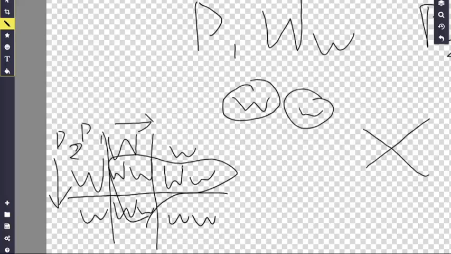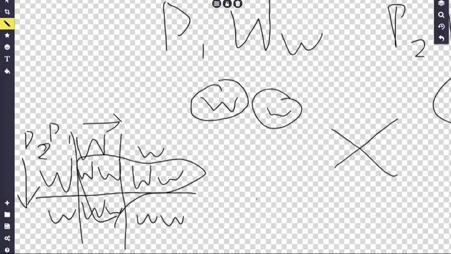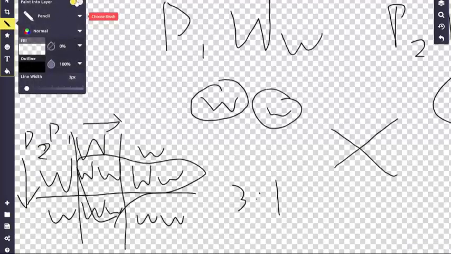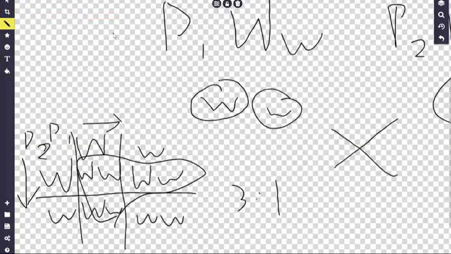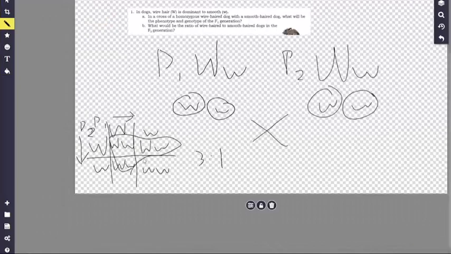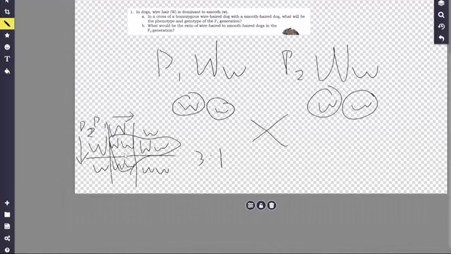So that right there is a 3-to-1 ratio, because when you self-cross, you're going to produce 3 wire hair dogs and only 1 smooth hair dog.